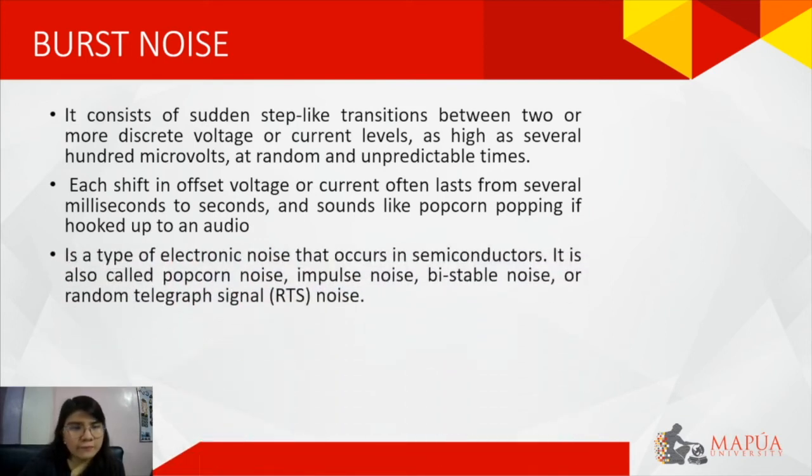Each shift in offset voltage or current often lasts from several milliseconds to seconds, and sounds like popping popcorn if hooked up to an audio. It occurs in semiconductors and it's also called popcorn noise, impulse noise, bistable noise, or random telegraph signal noise.